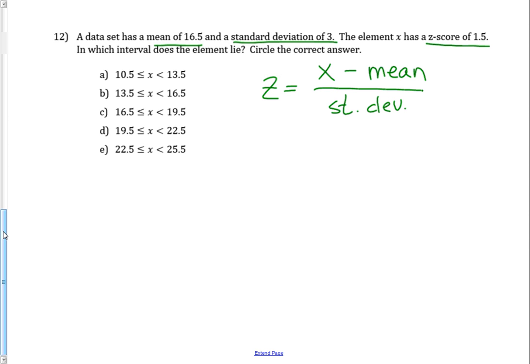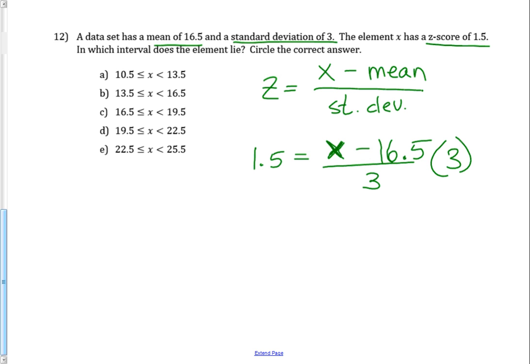In this case, we're given 3 pieces of information. The z-score is 1.5, so I'm going to plug that in for z. I'm just trying to solve for x, so I don't know what that value is. I know the mean is 16.5, and the standard deviation is 3. So to solve for x here, simple 2-step equation. We'll start by multiplying both sides by 3 to get rid of that fraction. 3 times 1.5 is 4.5.